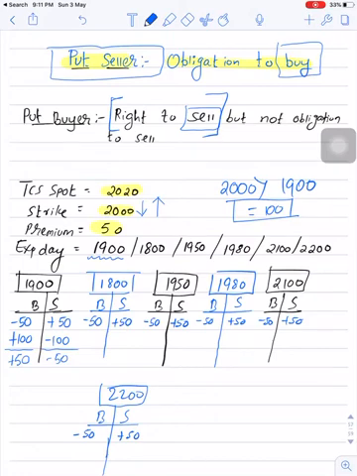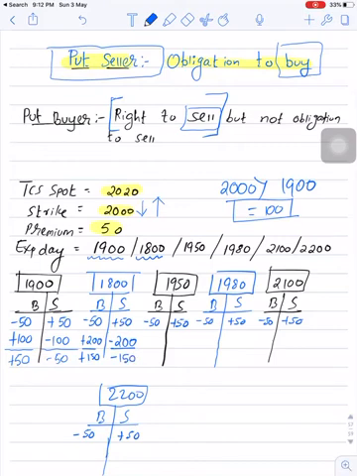Let's talk about scenario number 2. In the second scenario, we have assumed that the price on expiry day is 1800. So again the view of the option buyer is correct. So in this case I can say the option is in the money by 200 rupees. Whenever the view of the buyer is correct, the option will be in the money, and here the intrinsic value will be minus 200. So on a net basis, the put buyer is making 150, the put seller is losing 150.